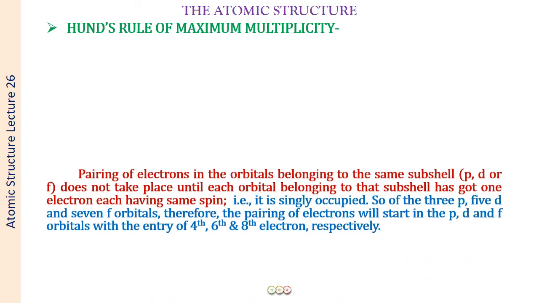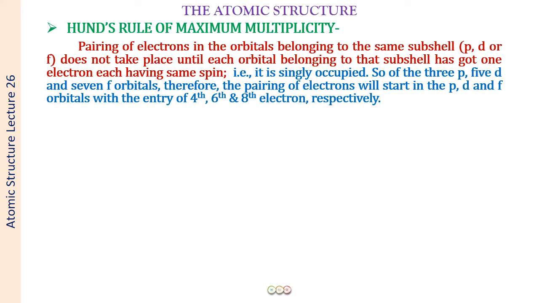Next, we have Hund's rule of maximum multiplicity, which is again a very important rule to remember for how we are going to write the electronic configuration of various elements, how the filling of electrons is going to take place within the orbitals.